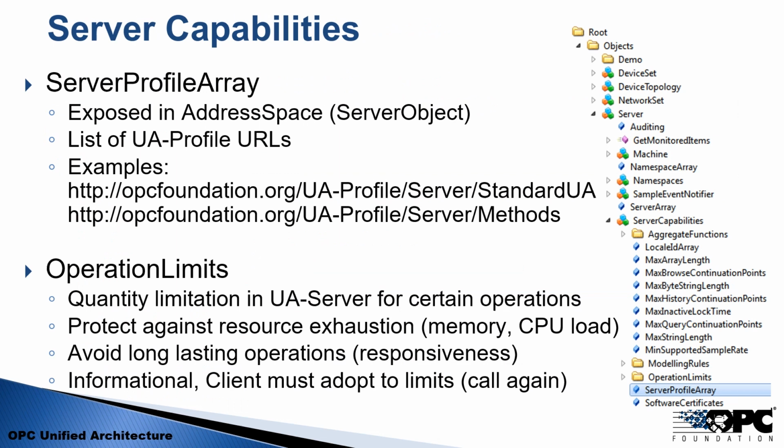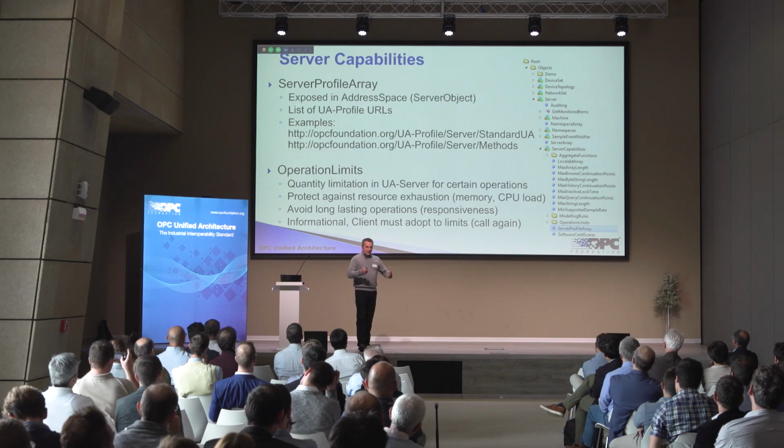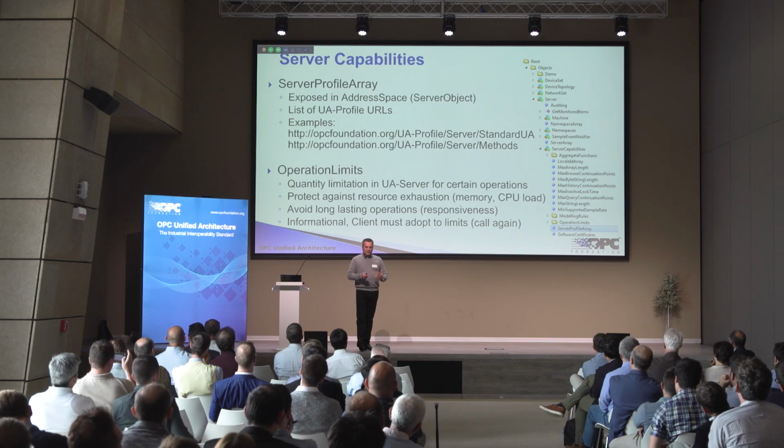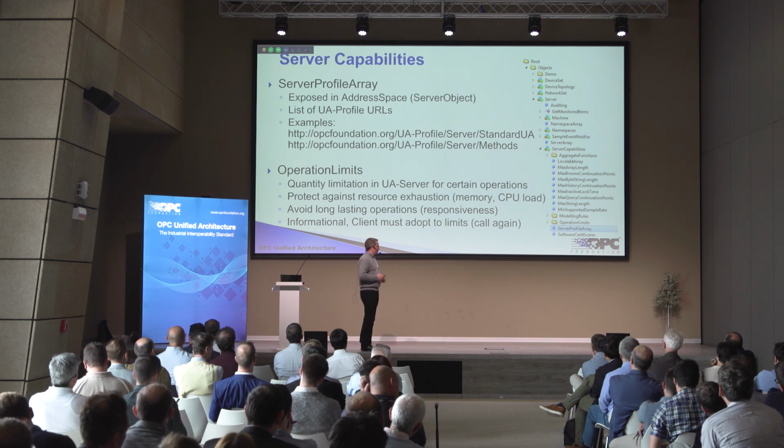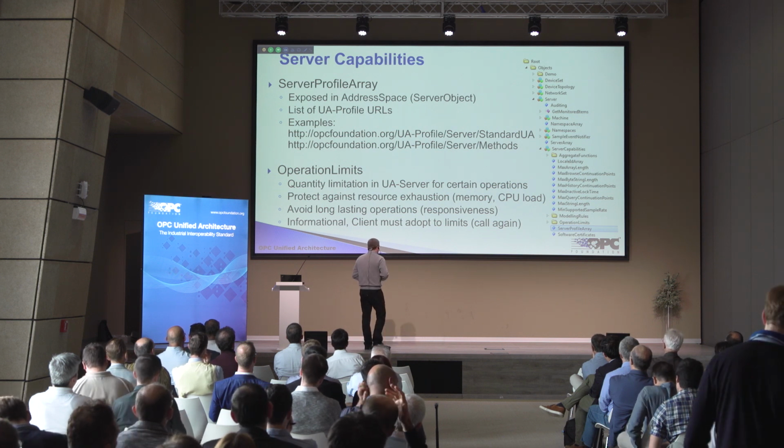There's a server profile array, and that is a list of all the profiles this server supports. So if a client connects to the server, it can drill down into the address space and find out what capabilities the server is able to provide. And then the client can adapt to that and use that function, because it knows that the server supports it. Okay?